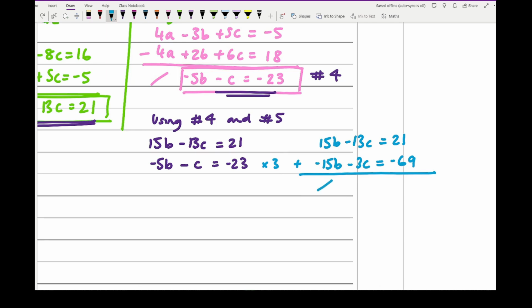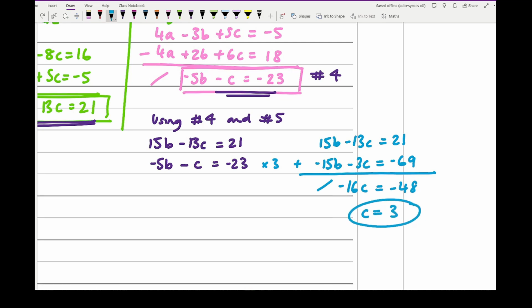Minus 13 plus minus 3 is minus 16c, and 21 plus minus 69, let me just quickly check, gives me minus 48. And that leaves me with a c value of 3.